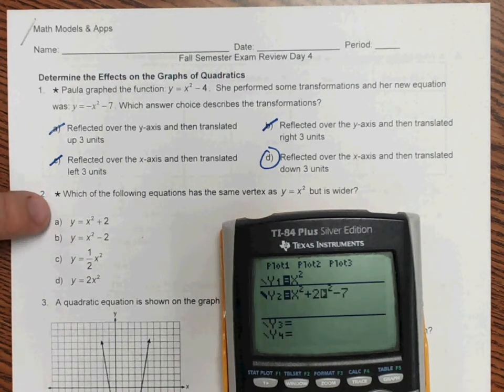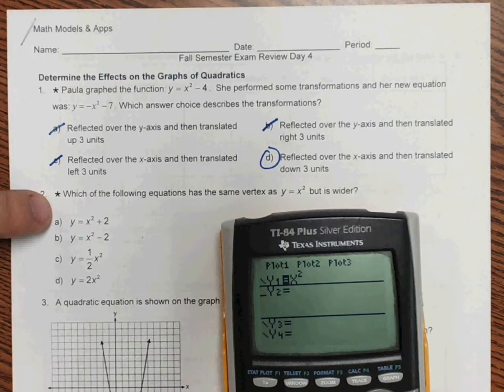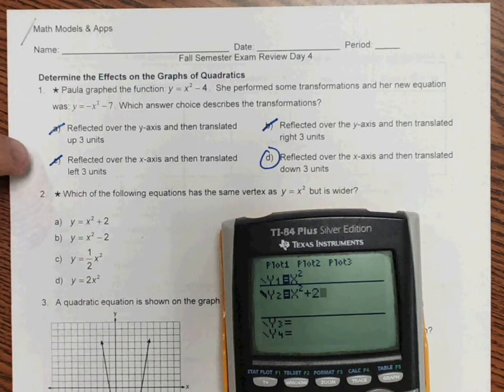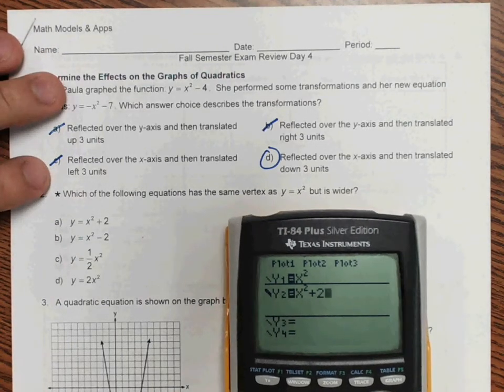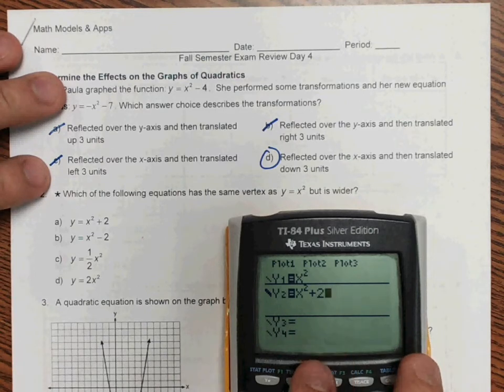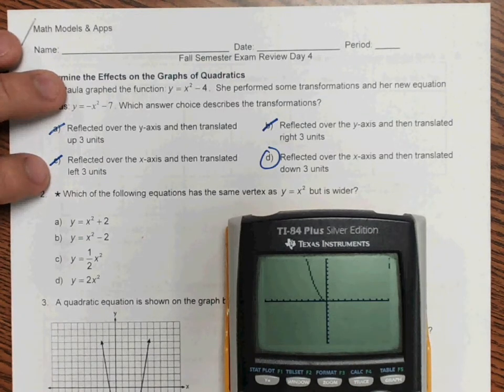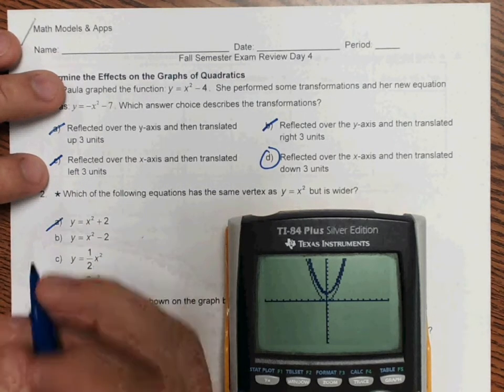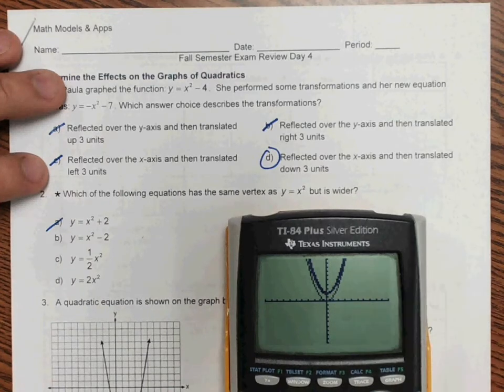We need the same vertex, but making it wider. So here's our first line, and there's our second line. They do not have the same vertex, so that's out. Vertex is where they turn around. It's the middle point.